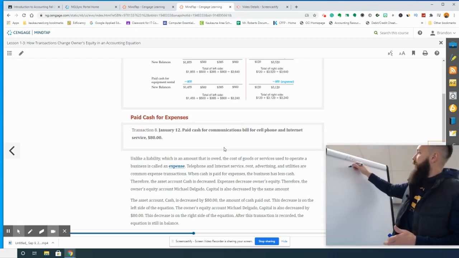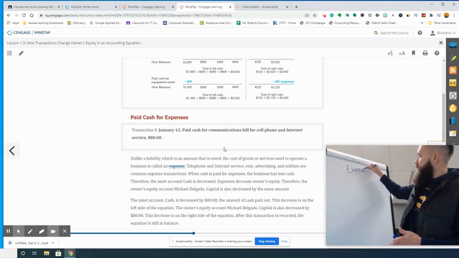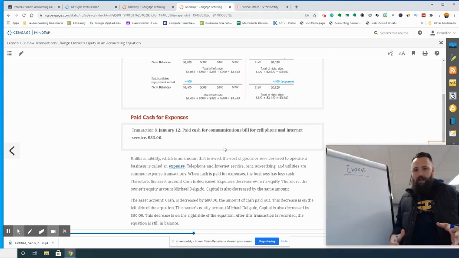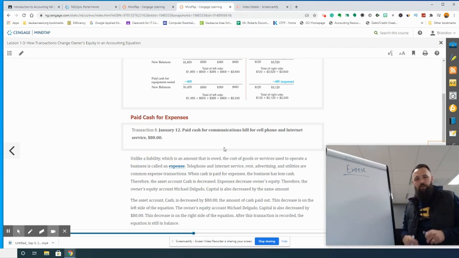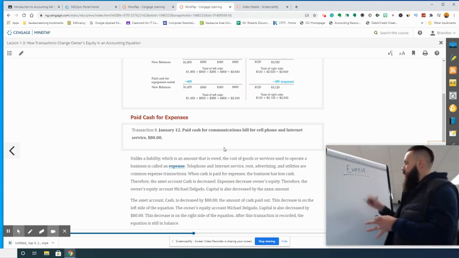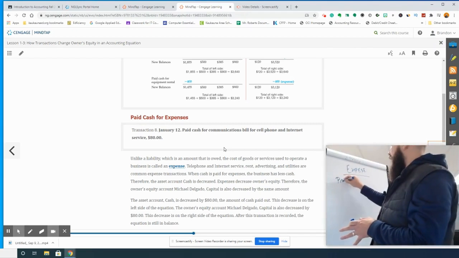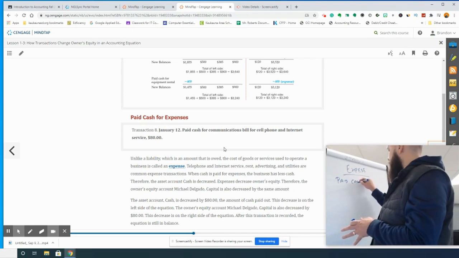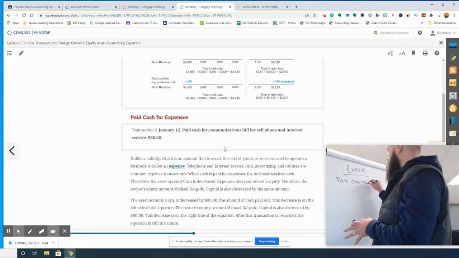So let's take a look at expenses. Most of the time, we're going to be paying cash for expenses as well. So let's look at that first transaction. Paid cash for a communication bill. I'm just going to put that on there. Paid cash for bill.